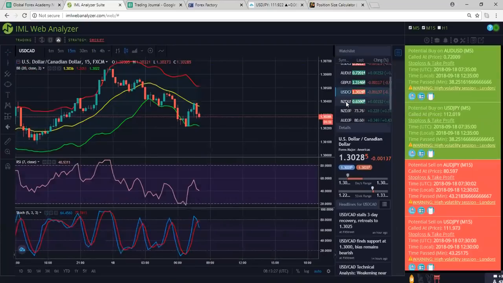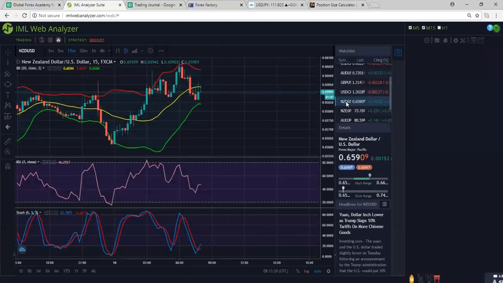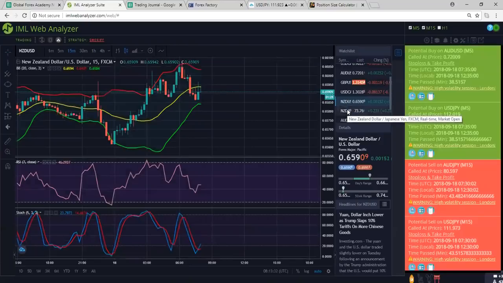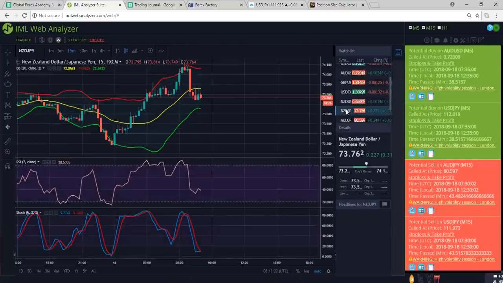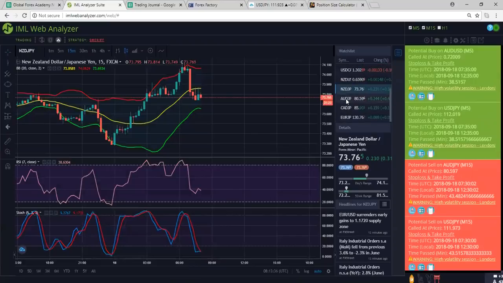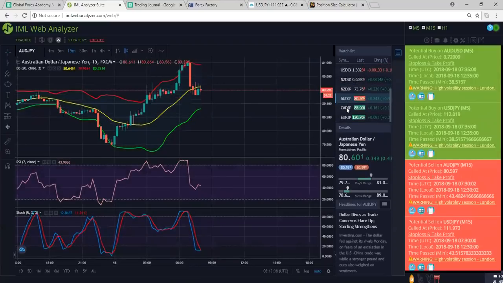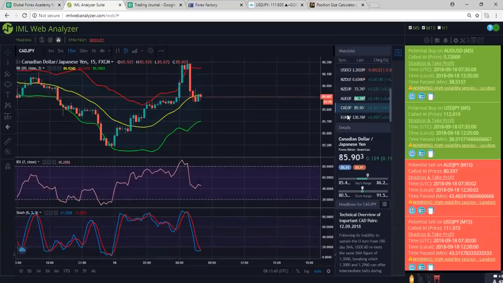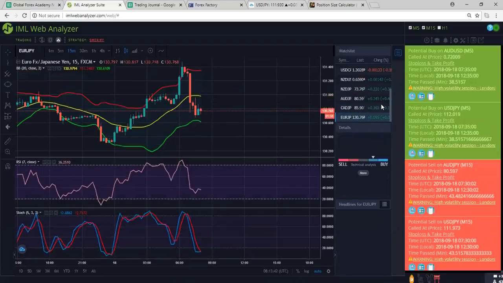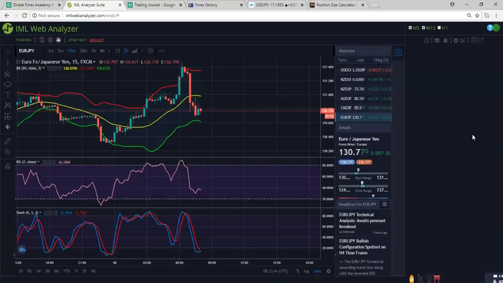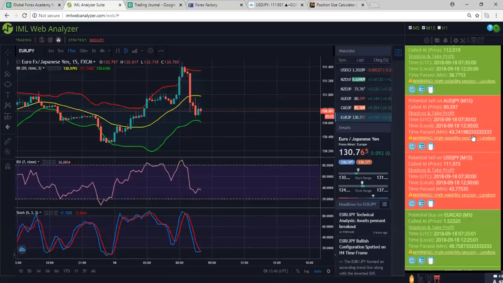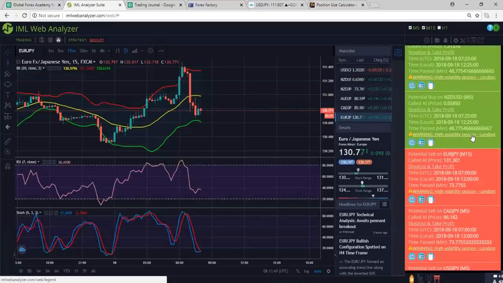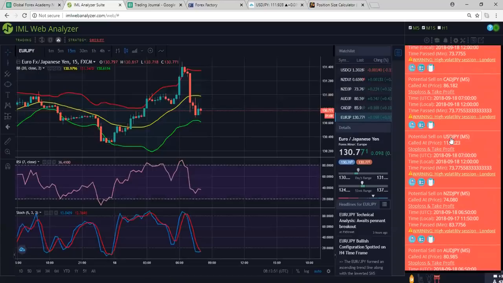So see, sometimes I just scroll through, but if you trade one currency pair, then you can just stick with that one pair and you can ride it up and down. And then if I don't find any setups at the moment, I kind of just take a chill pill and I go do whatever I need to do until I hear a cha-ching from the IML web analyzer.